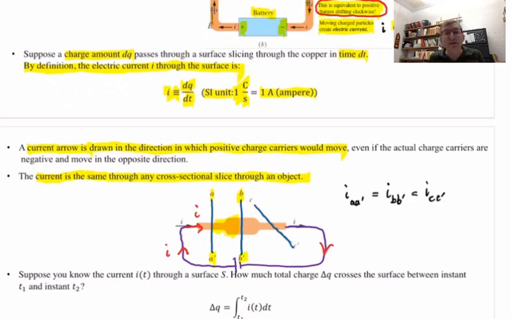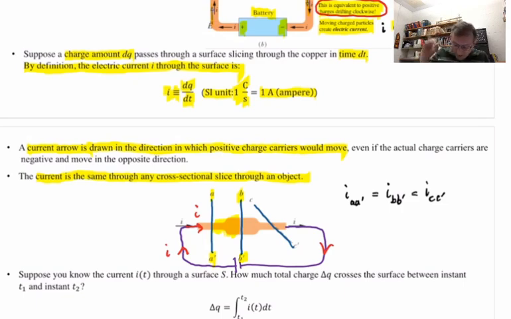And so there must be a traffic jam building up in that inner area. Charge must be piling up. But like charges exert repulsive forces on each other, so they're not going to let that happen. So charges moving through conductors is not like cars on a highway. You can't have a traffic jam in a conductor like this. The current, the rate at which charge passes through a surface, is the same for any surface. That's a very important thing to remember.